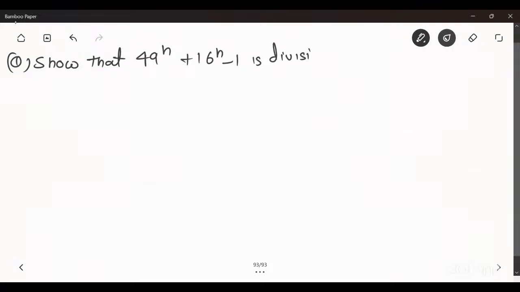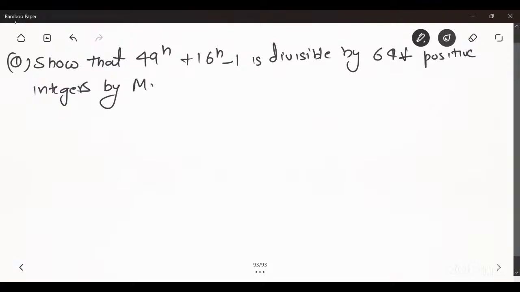Now show that 49 to the power n plus 16 to the power n minus 1 is divisible by 64 for all positive integers by mathematical induction.